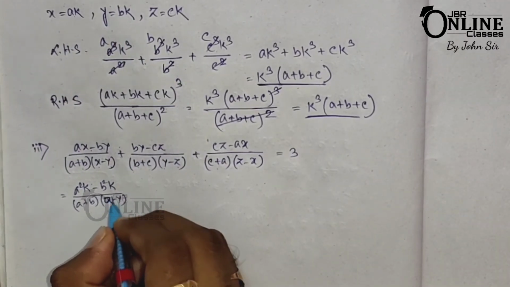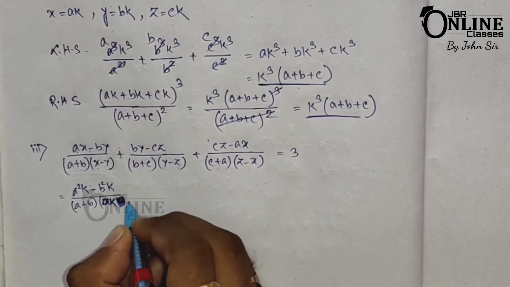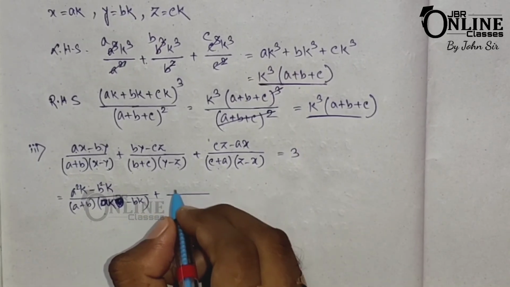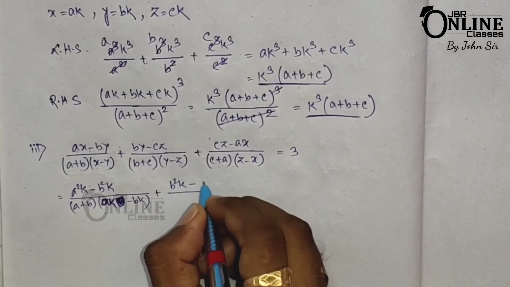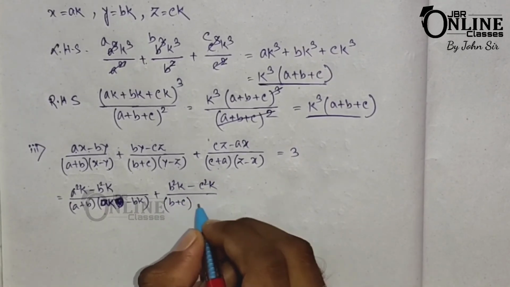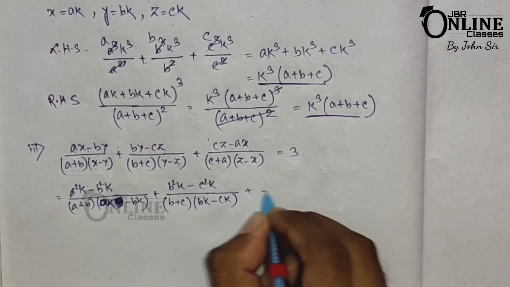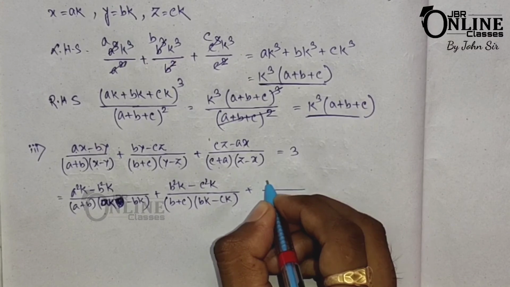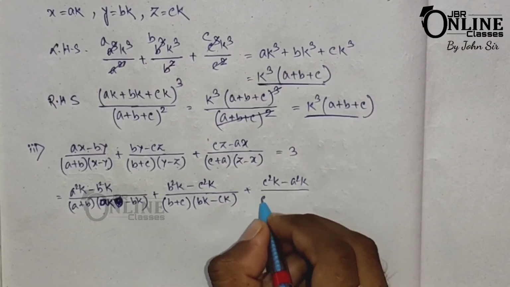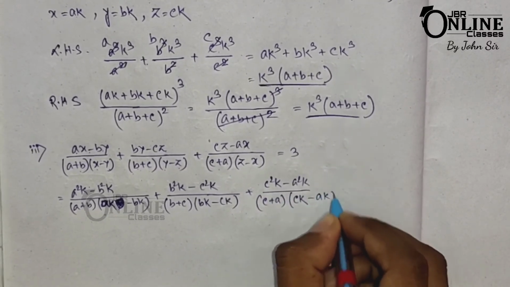Similarly for the other, b square k minus c square k, and here b plus c, and y minus z means bk minus ck. Then the next one, cz means c square k, ax means a square k, here c plus a, and z minus x means ck minus ak.